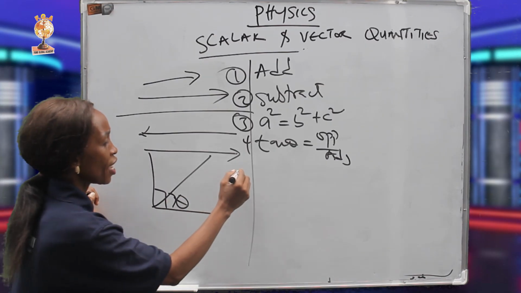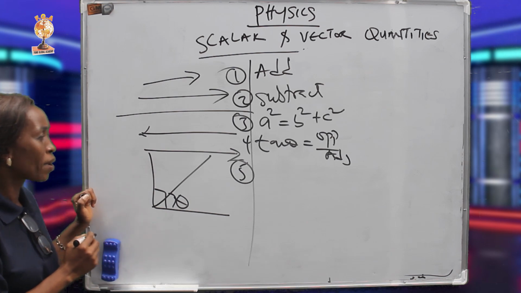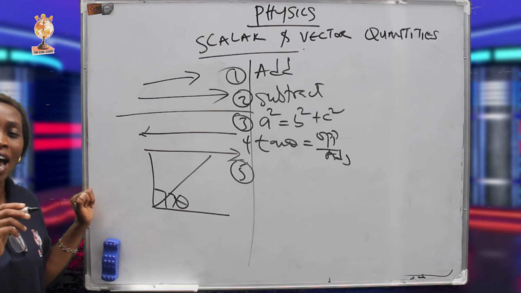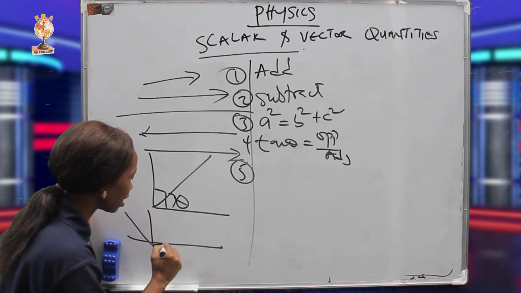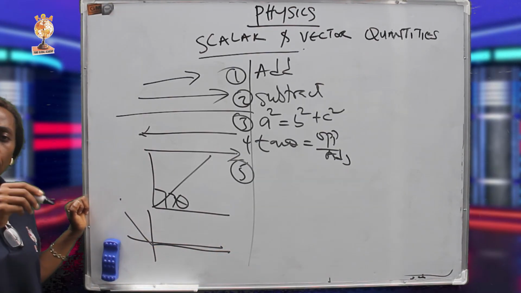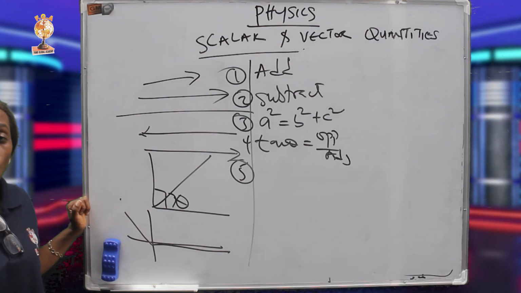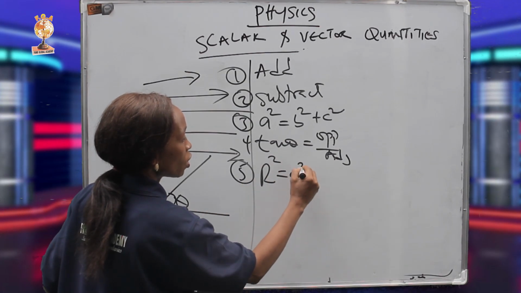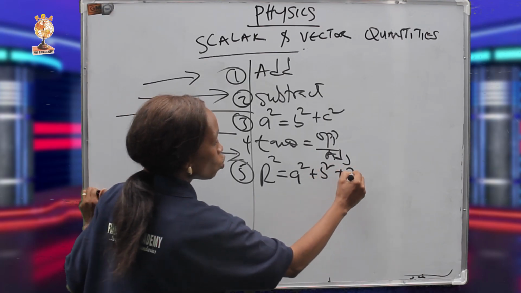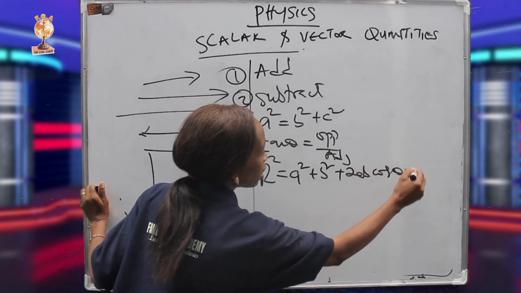And if they are moving at an obtuse angle or an acute angle, slightly above or below 90 degrees, I use the cosine rule, which is R squared equals A squared plus B squared plus 2AB cos theta.